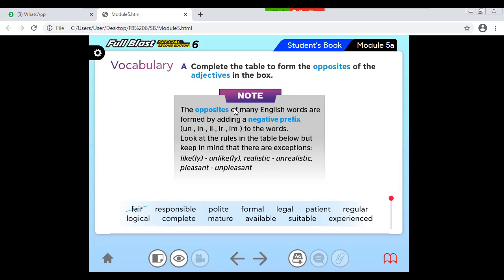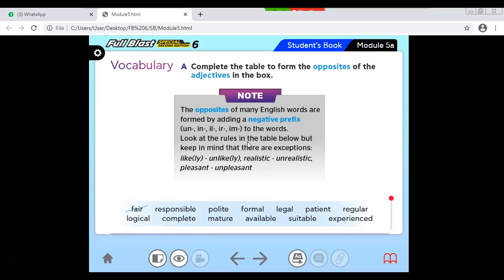For example, what is the opposite of fair? It will be unfair. So we added un to fair. So we can add to the adjectives un, in, il, ir, or im. Each of them is called a prefix. What are prefixes? Letters that we add at the beginning of the adjective to get the opposite of the adjective.